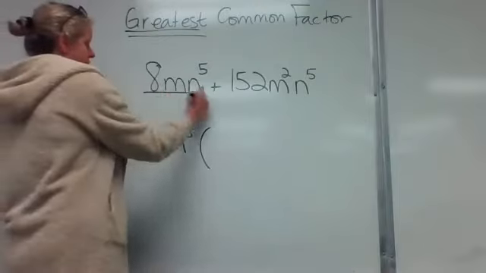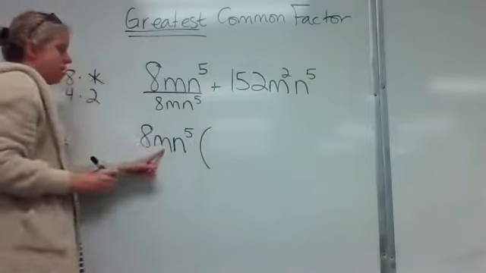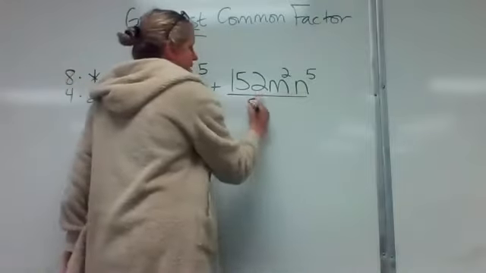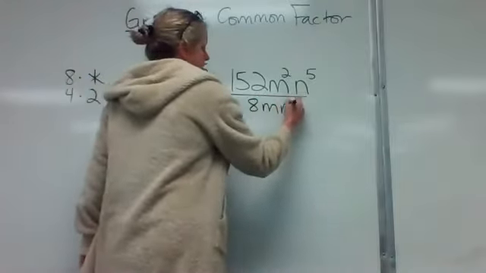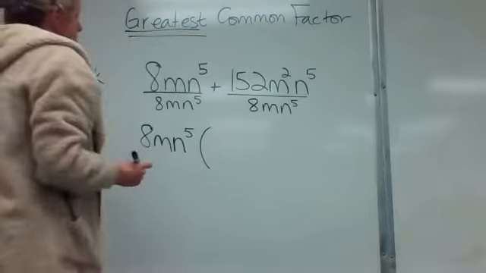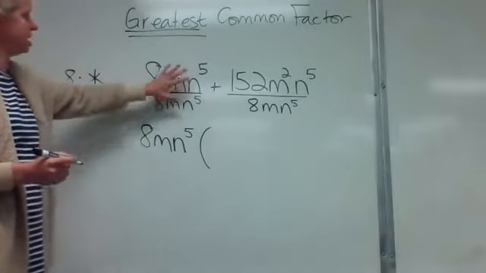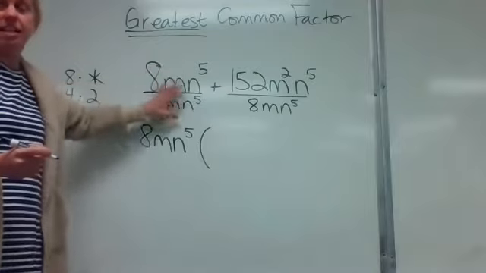So again, whatever I pulled out, that's what I'm going to divide by. So let's look at this first one. Let's see, what is left? Do I have anything left, or is the top the same exact thing as the bottom?